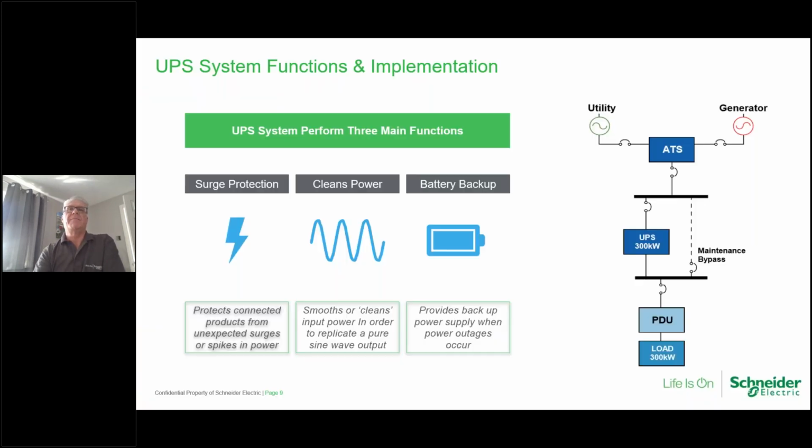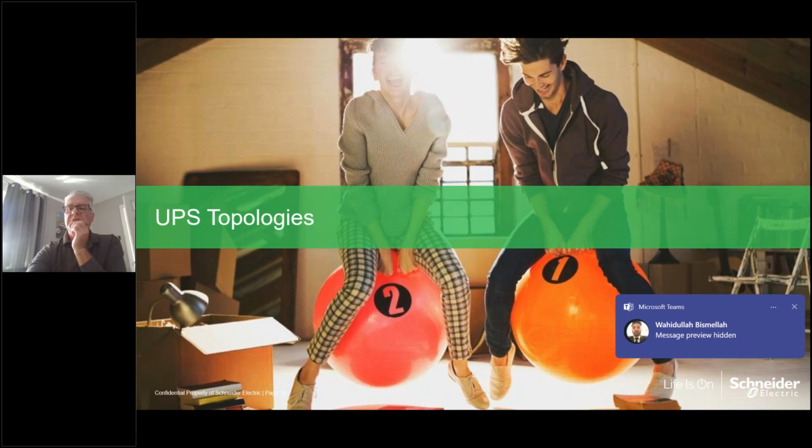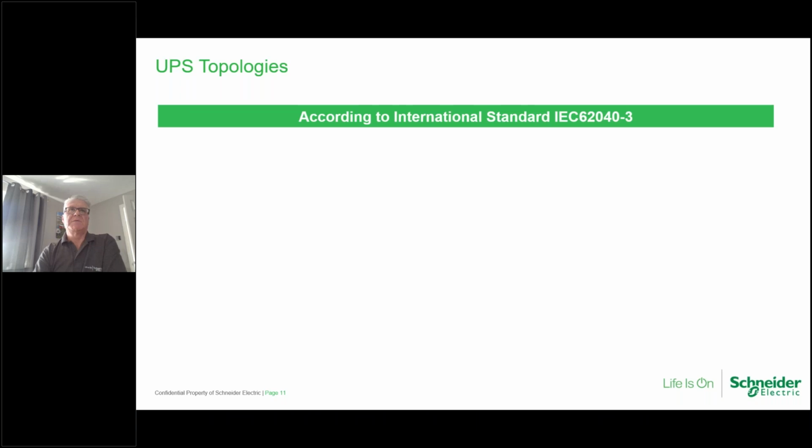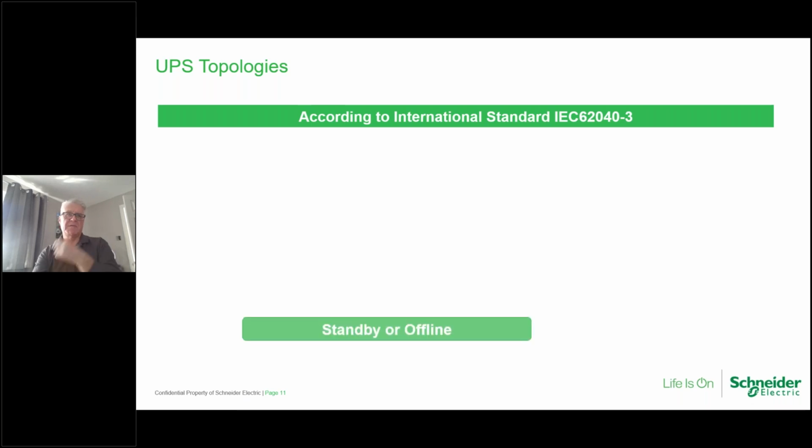If we look at UPS topologies, we cover these ones. The UPS standard is IEC 62040-3, and that defines the following topologies. We have standby or offline, which is the base level of support.